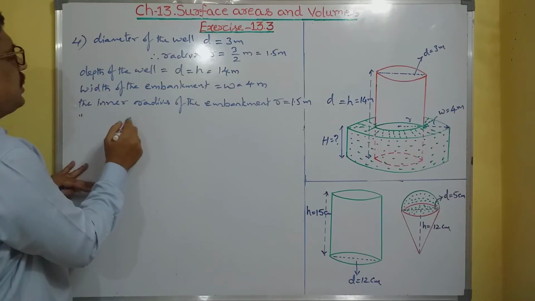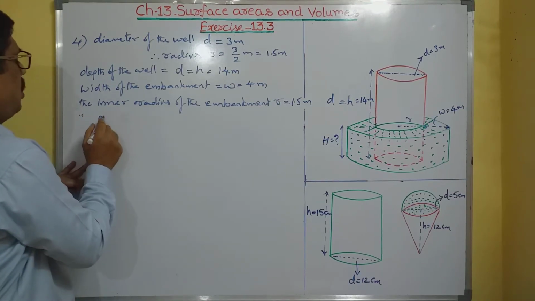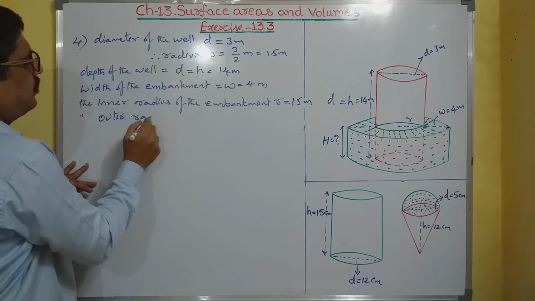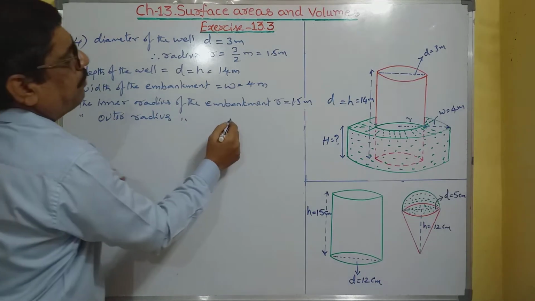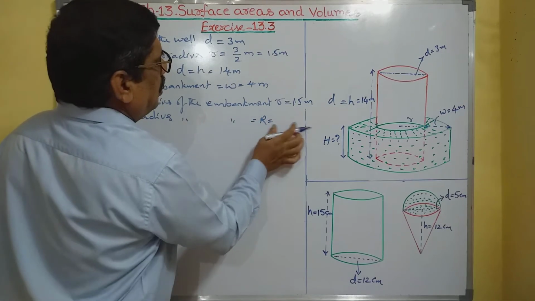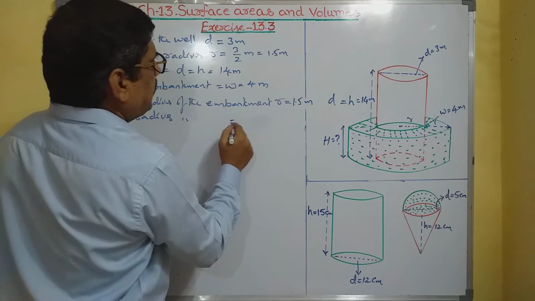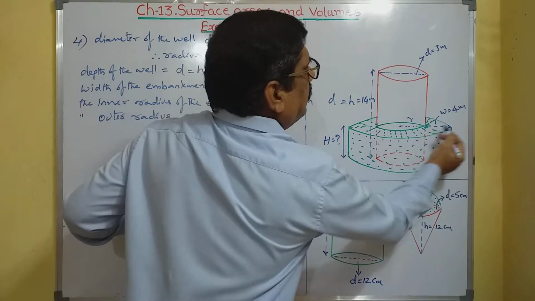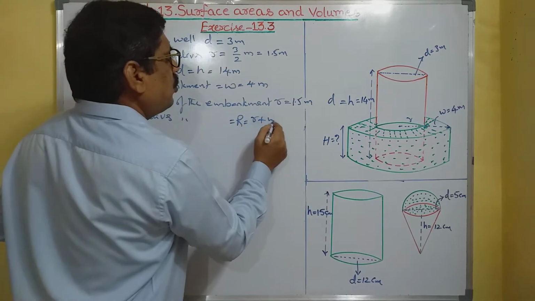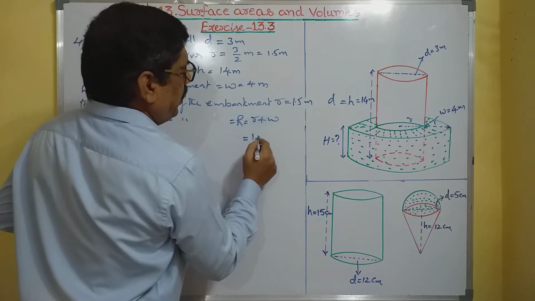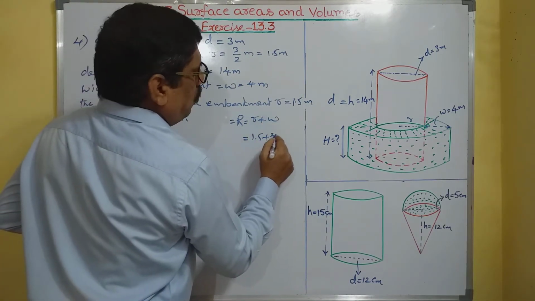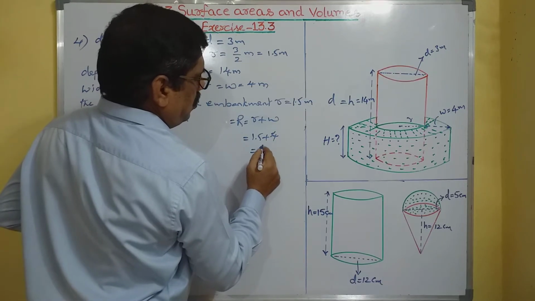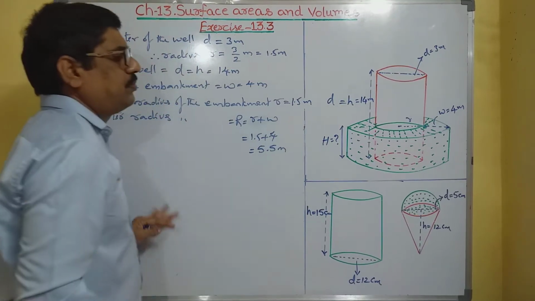In the same way, the outer radius of the embankment is equal to capital R. We get it by adding small r plus w. Small r plus w is equal to 1.5 plus 4, which is 5.5 meters.